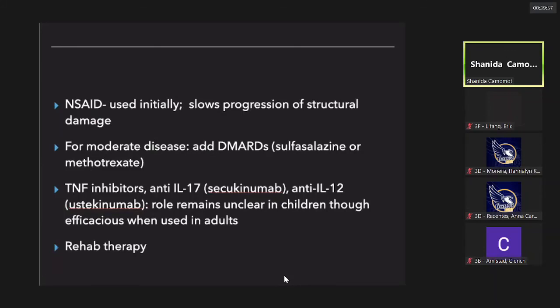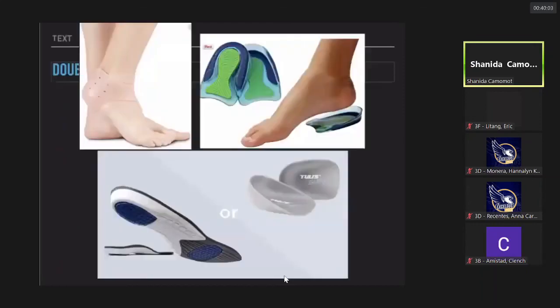And aside from giving drugs, you also refer them for rehab therapy. Okay, so you can advise patients on this. First, advise exercise to maintain the range of motion in the back, thorax, and affected joints, and it should be instituted early in the disease course.